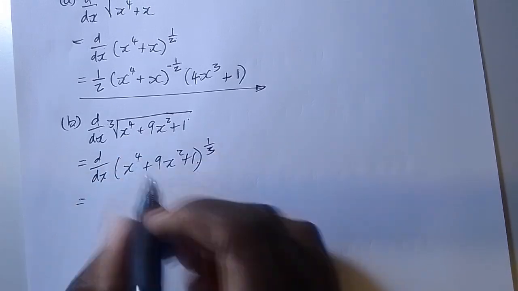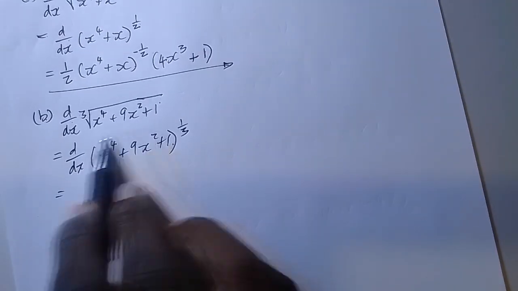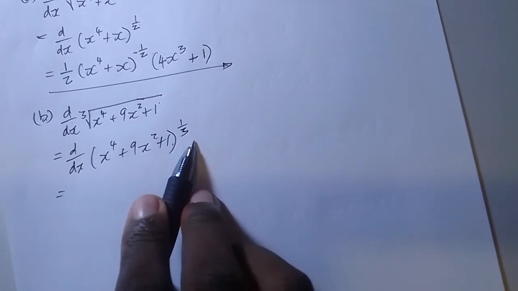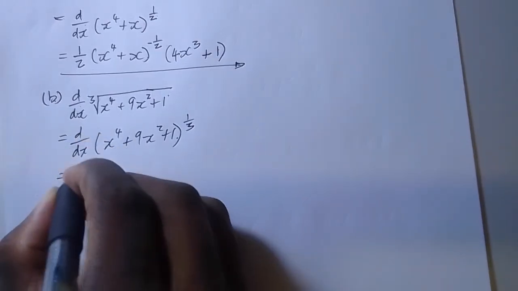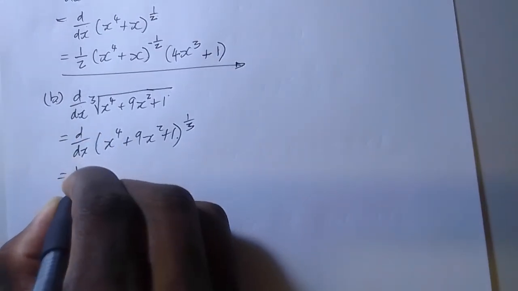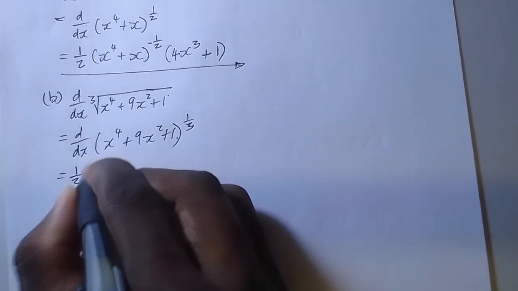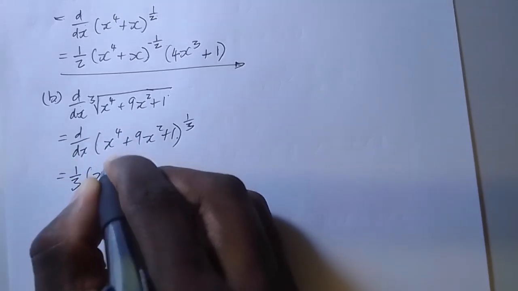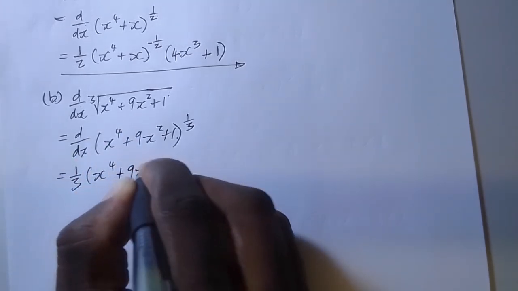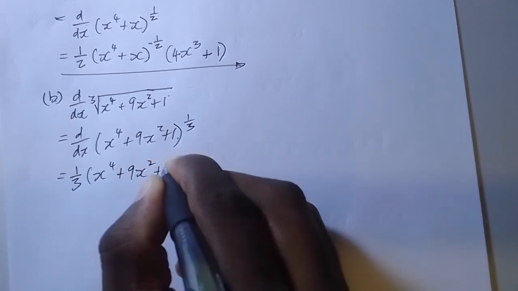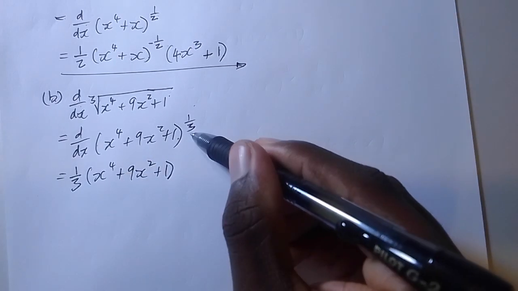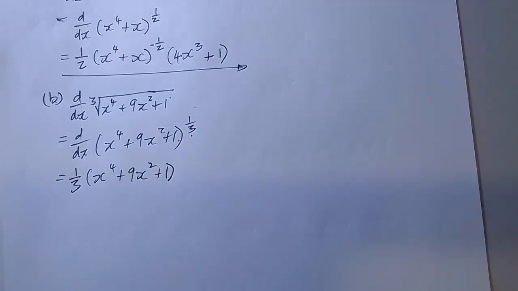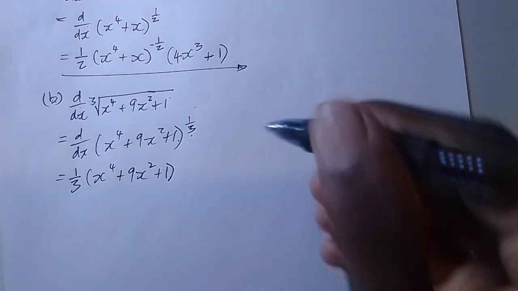Now we need to find the derivative of this. The outside function is something to the power of 1 over 3. So if we differentiate this in the same way that we differentiated before, we use the power rule to say 1 over 3 multiplied by the inside function, which is x to the fourth plus 9x squared plus 1. And then we need to say 1 over 3 minus 1, right?